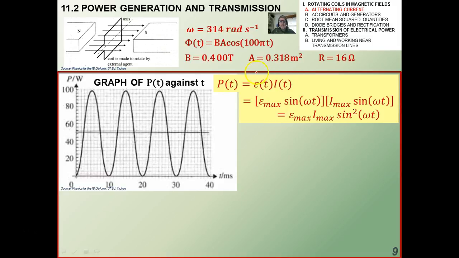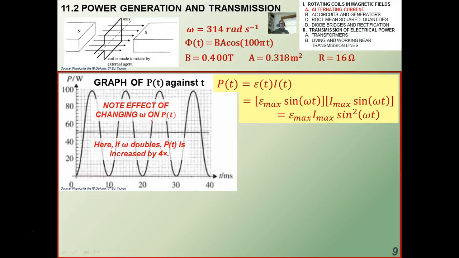It's multiplying two different time-varying functions together, which I know you can do. This is not difficult math. You end up with V max times I max, but now we have a sine squared function. And you know from mathematics that when you square the sine, it bunches up. So I have epsilon max times I max times sine squared of omega t.